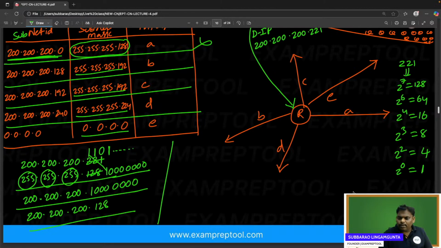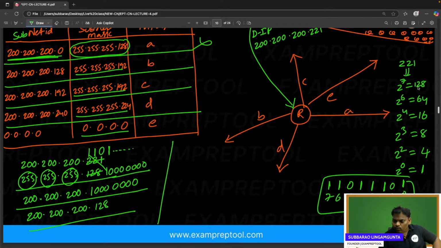So let's see the binary number. 7th bit is 1, 6th bit is 1, 5th bit 0, 4th bit is 1, 3rd bit is 1, 2nd bit is 0, first bit is 0, 0th bit is 1. So again, I am calculating 128 plus 64, which is going to be 192. 192 plus 8, 200. 200 plus 16 plus 4, 220, plus 1, 221. 221, it is a binary number because it is required again and again.